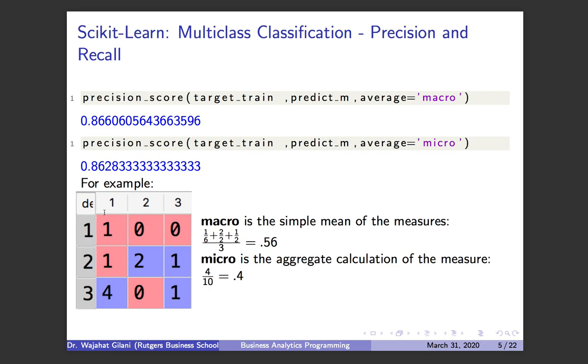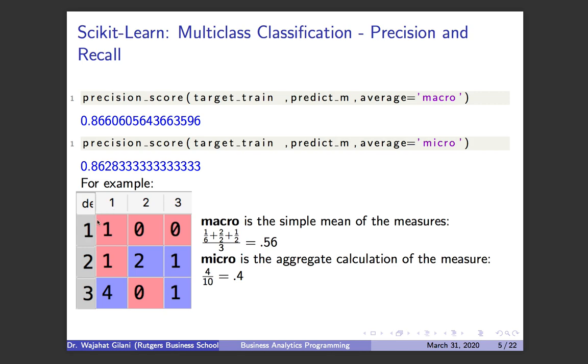If you remember your formula, it was your true positives divided by your true positives plus your, in this case, what is this? It's predicted to be positive, but it's actually not positive, so it's a false positive. So your precision is your true positives divided by your true positives plus your false positives.